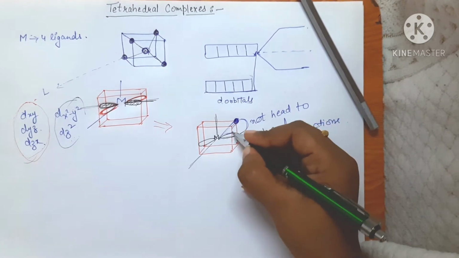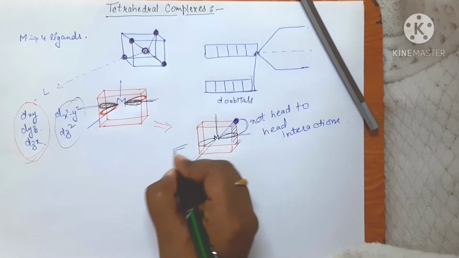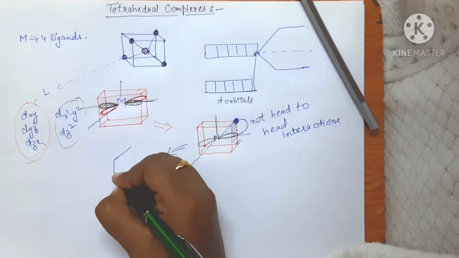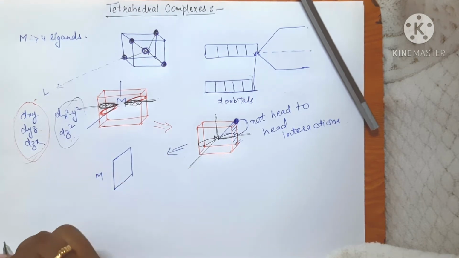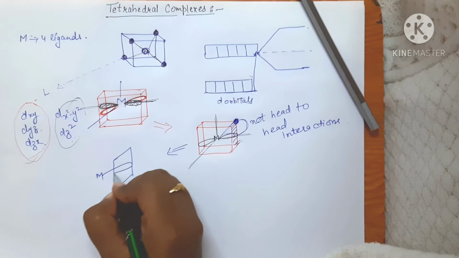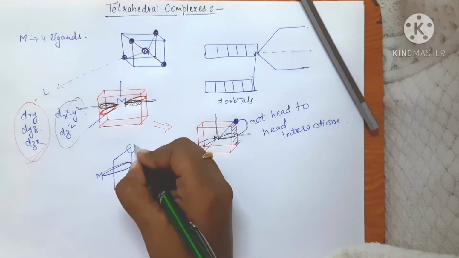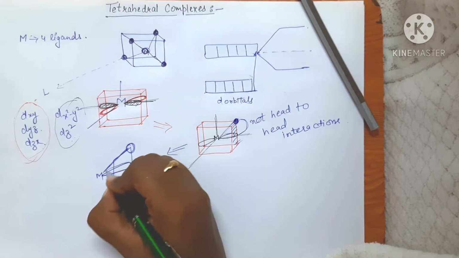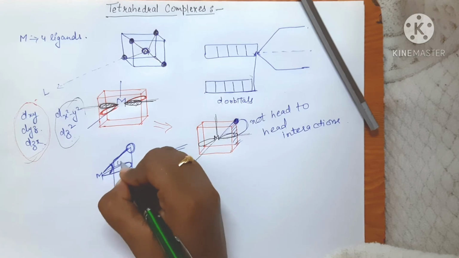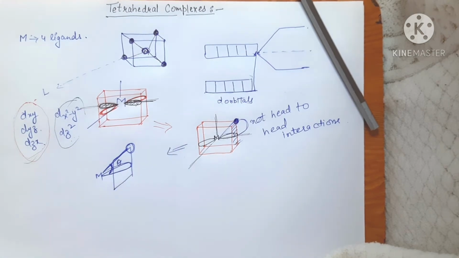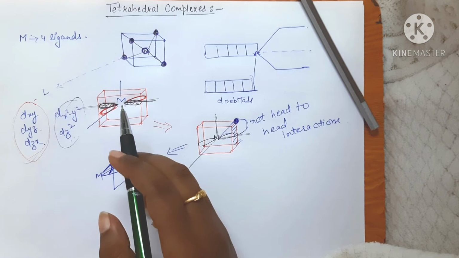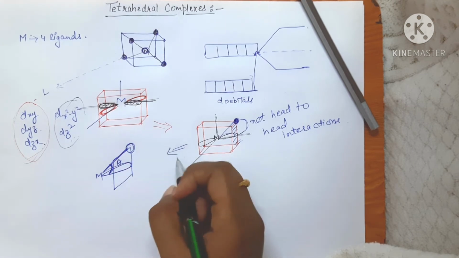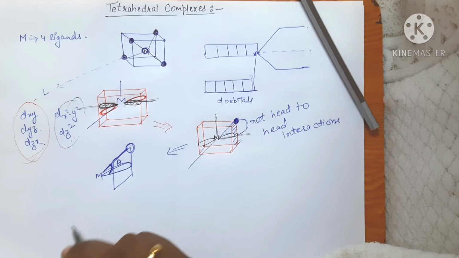So if I take out this face, you will see somewhat like this: here is the metal, and here is the orbital, and the ligand is approaching from here at an angle, right? It is approaching at an angle, so the interactions are not head to head. That is why the splitting is also less in tetrahedral complexes if we compare them to octahedral complexes. This is one of the reasons.